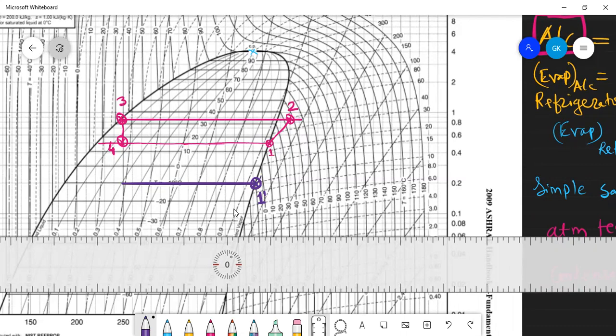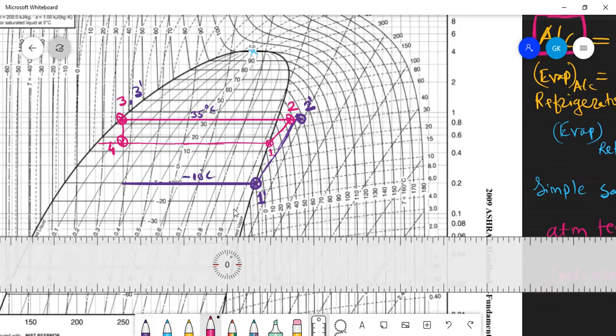Draw the constant entropy line. So this will be 2 dash. 1 dash, 2 dash, this is a compression process. 3 and 3 dash both will be the same because we are assuming that both operate at 35 degrees Celsius, and this is minus 10 degrees Celsius.